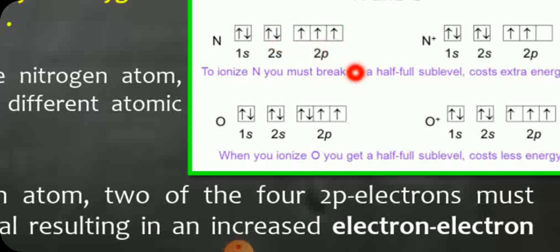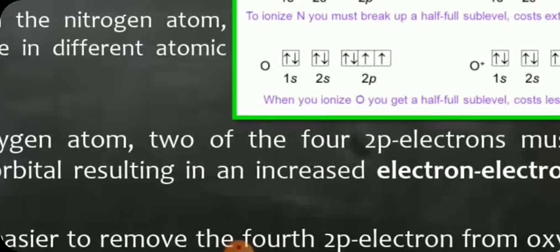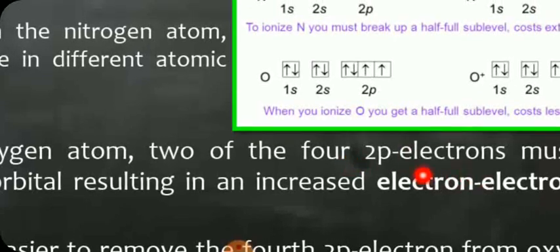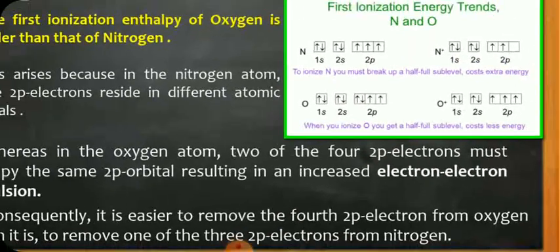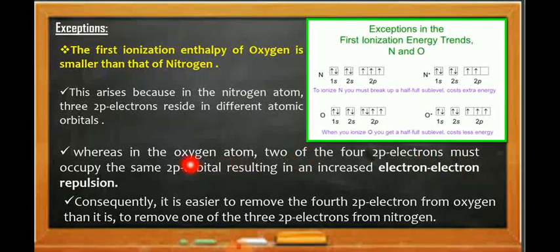Whereas in oxygen, out of 4 electrons, 2 electrons are present in the same orbital. Since they are in the same orbital, there is inter-electronic repulsion in oxygen. Consequently, it is easier to remove the fourth 2p electron from oxygen than it is to remove one of the 2p electrons from nitrogen.